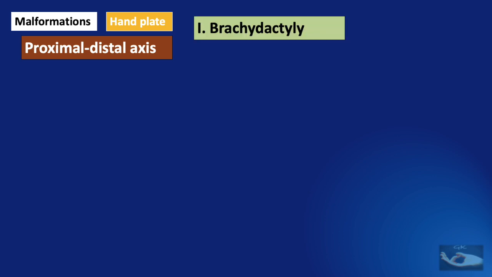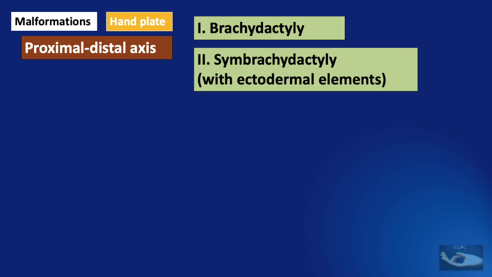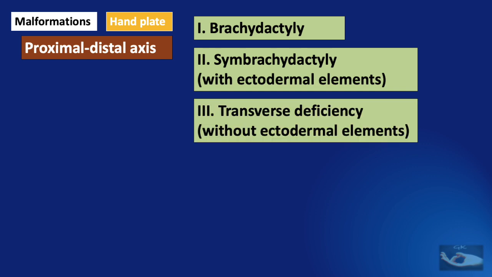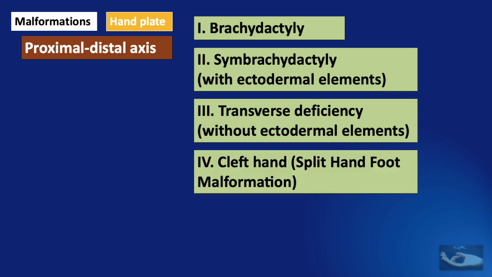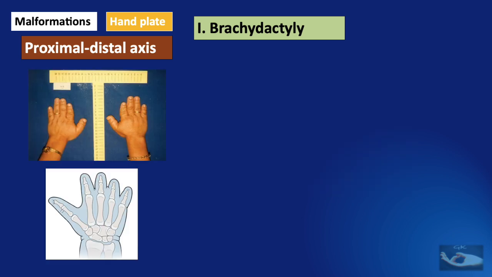Malformations of the hand plate involving the proximal distal axis is divided into four subcategories: brachydactyly, symbrachydactyly with ectodermal elements, transverse deficiency without ectodermal elements, and cleft hand, otherwise known as the split hand-foot malformation.